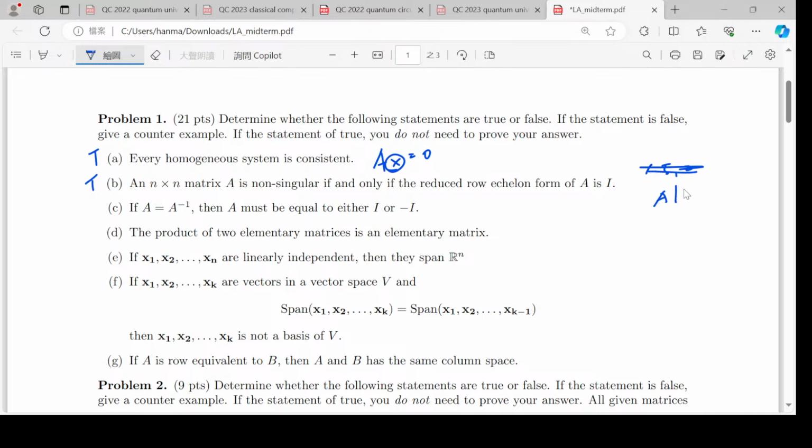You can do this A and I thing, and then you do the row operations to get I and A inverse. So when you can get reduced row echelon form from A to I, then you can get A inverse here. So this proves one direction of it. And then C is actually false.